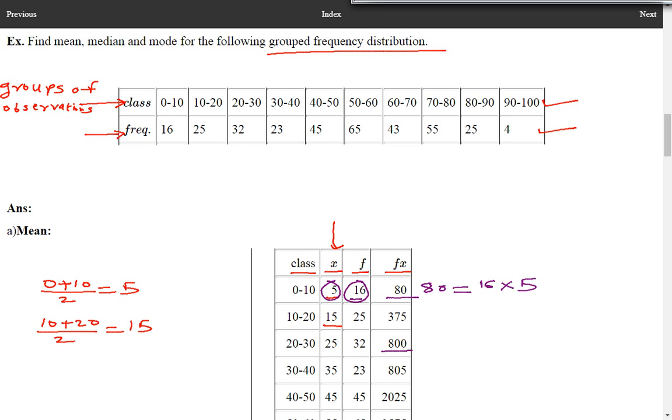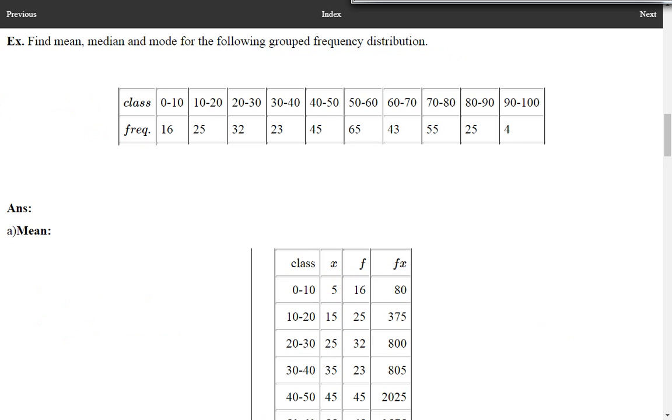Now 800 is obtained as the product of 25 and 32. So 800 is equal to 32 into 25. So in this fashion x, f and fx are obtained.